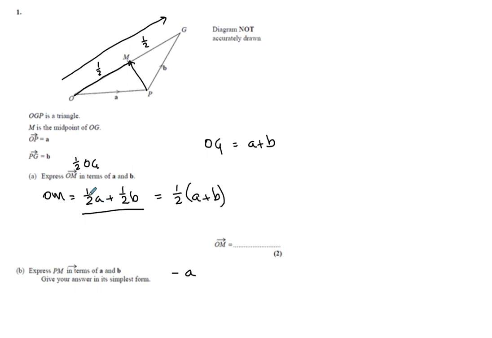So you've got plus half A plus half B, and then to collect like terms, just put a number. So you've got minus 1 plus a half, so that's minus a half A plus half B. And then factorize half and minus A plus B.